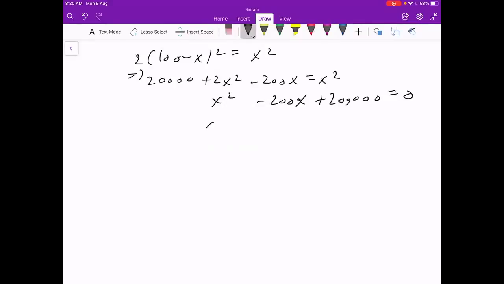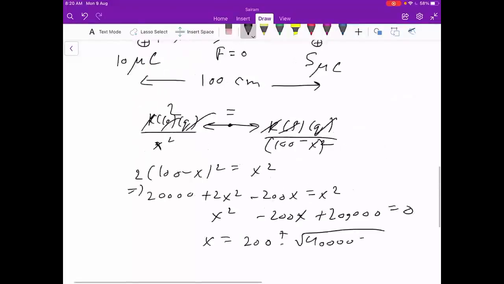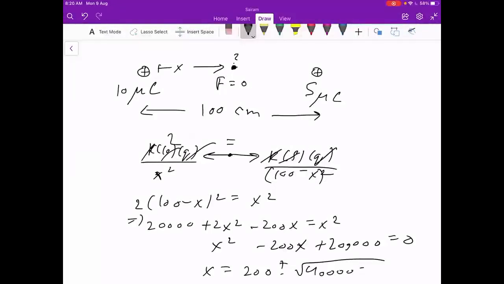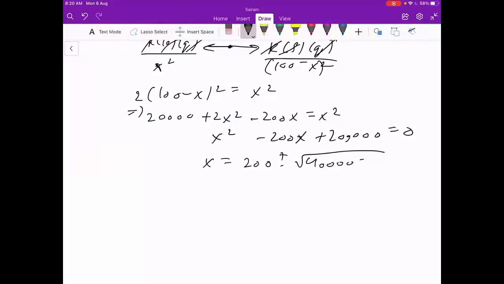Let's try to use the discriminant method. b square, which is 40,000, minus 4ac, which is 80,000. So that's not a correct equation. So I'll try again. 2 into 100 minus x whole square is equal to x square. Yeah. So we can take square root on both sides.